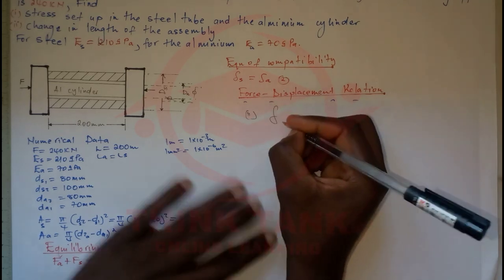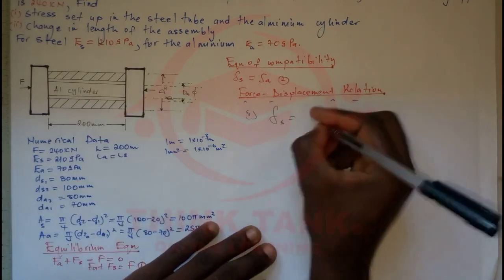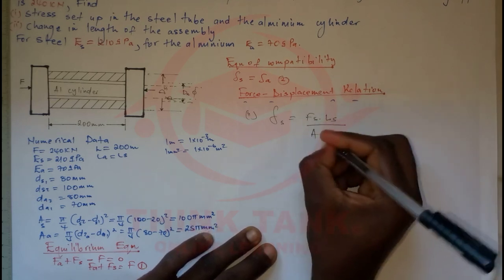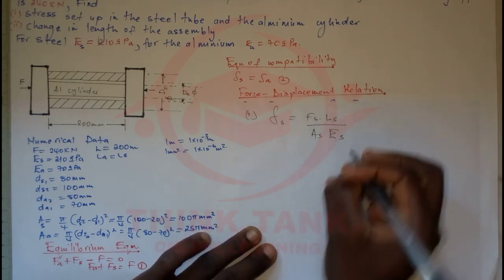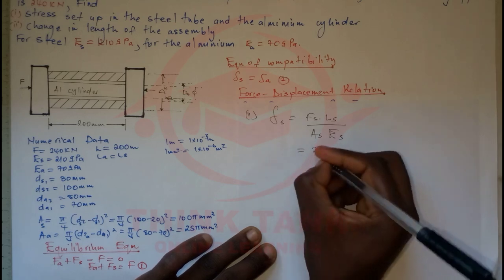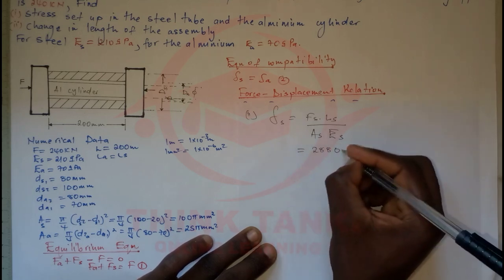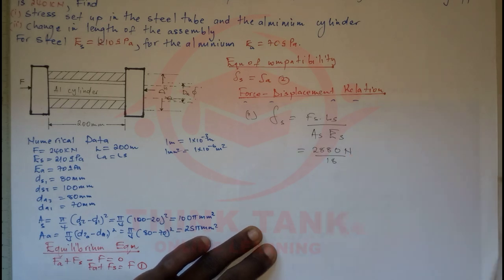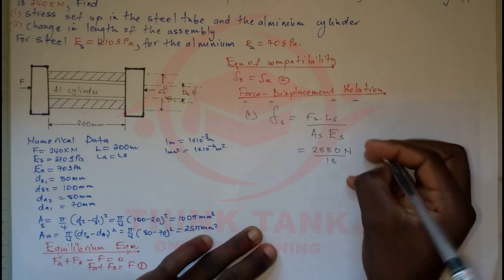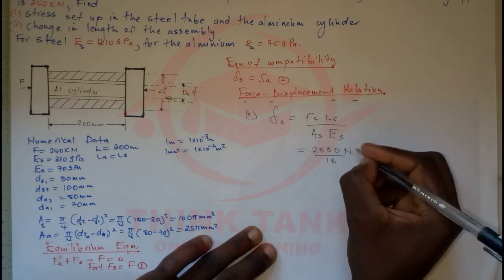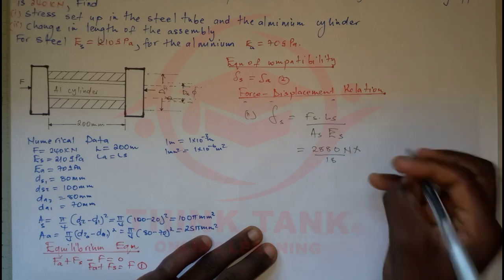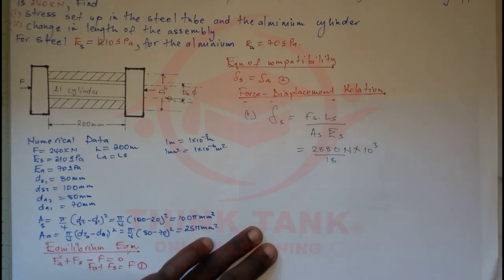The change in length of the whole assembly is going to be Fs times length Ls, over As, the cross-sectional area, times the modulus of the steel. Fs is 2880 over 13, and this was in kilonewtons, so let me change kilonewtons to newtons by multiplying by 10 to the power 3.